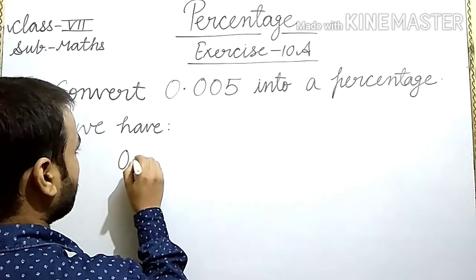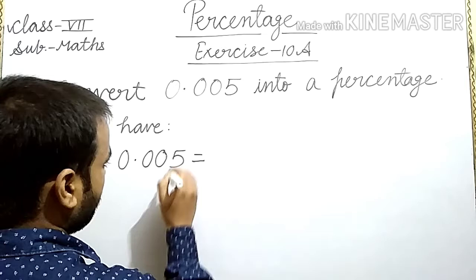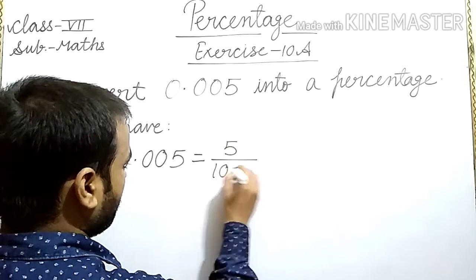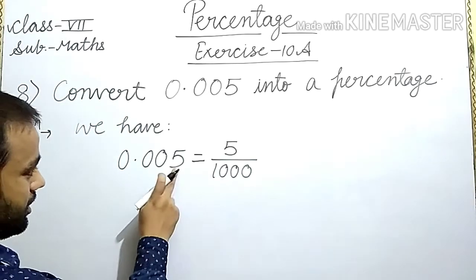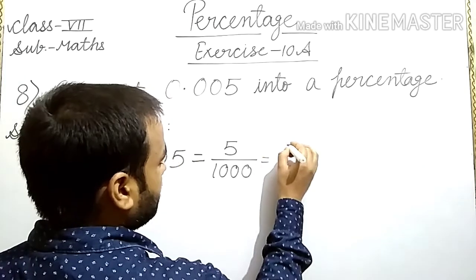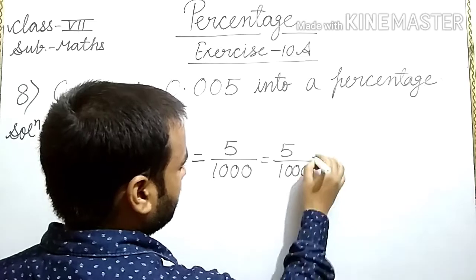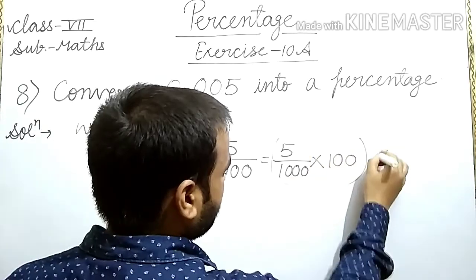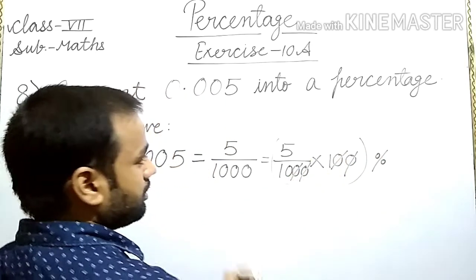We have 0.005. This decimal converted into a fraction means 5 upon 1000. Here, after the decimal there are 3 digits: 1, 2, 3. So put 3 zeros, 5 upon 1000 into 100, and put the sign of percentage. 0 cancels out.